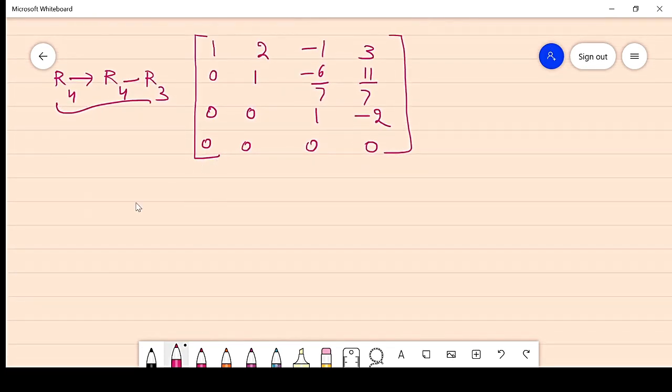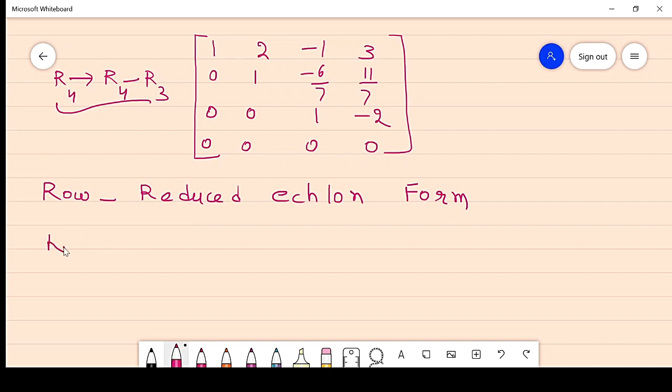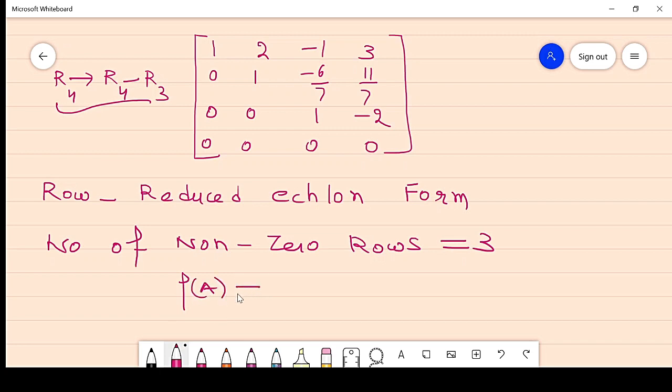So in this row reduced echelon form, the number of non-zero rows is equal to 3, hence the rank of this matrix is equal to 3.